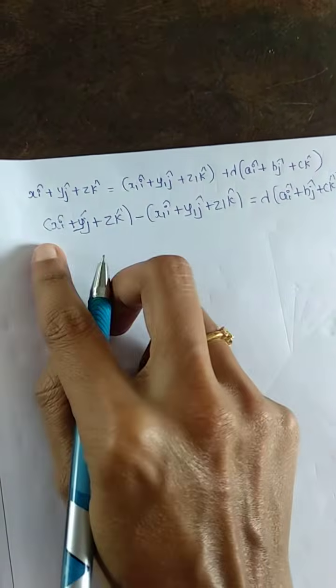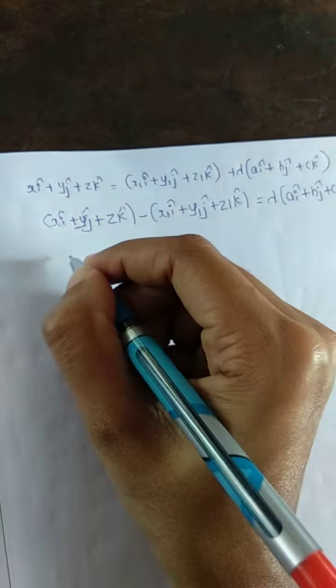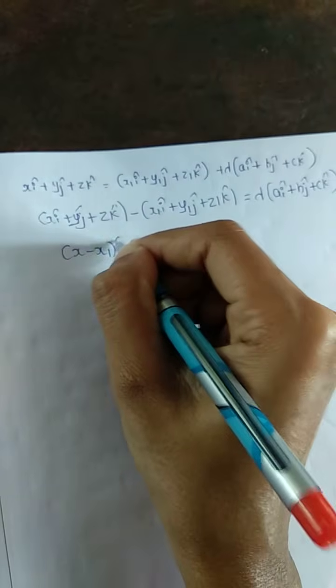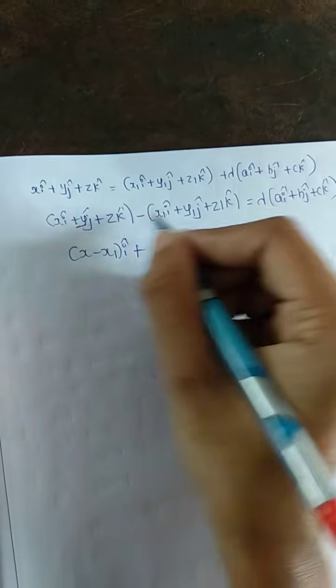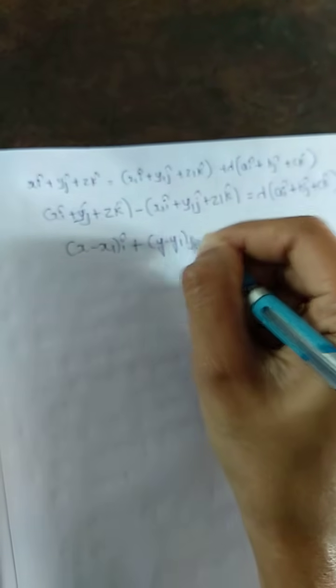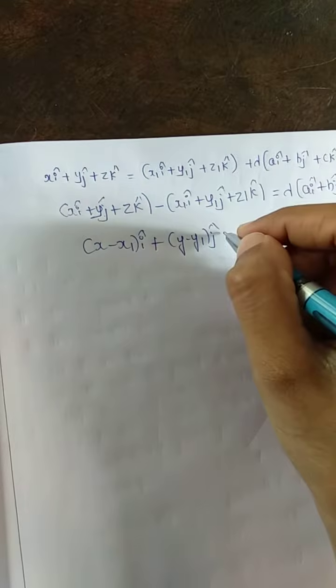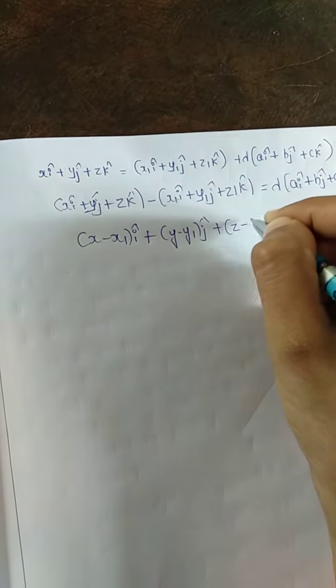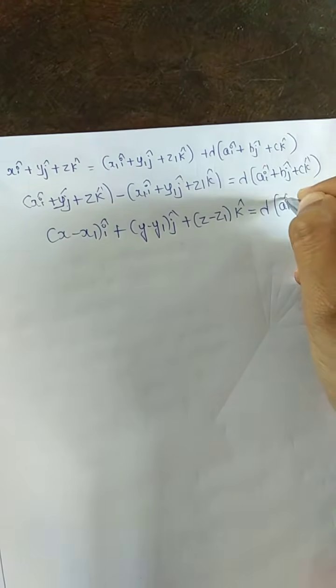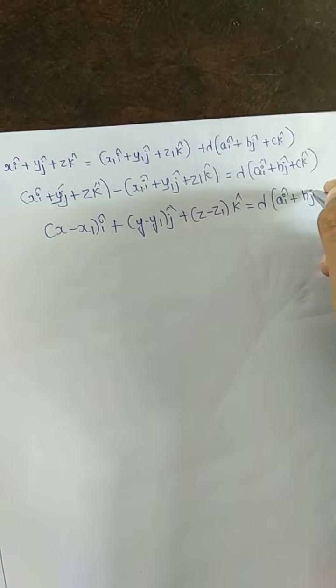Okay, so we write it as (x minus x1) i cap plus (y minus y1) j cap plus (z minus z1) k cap is equal to lambda times (a i cap plus b j cap plus c k cap).